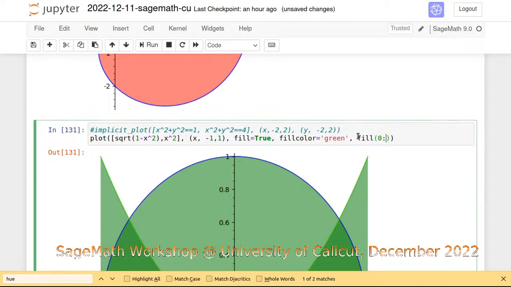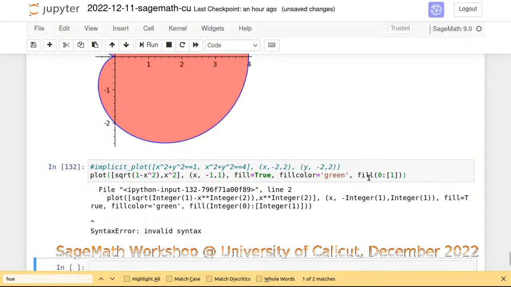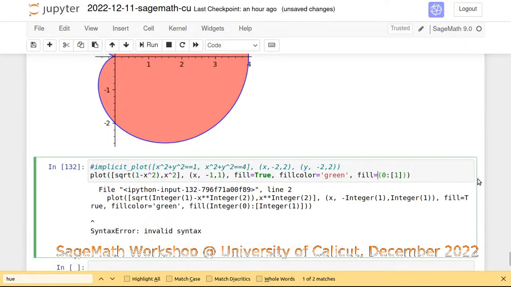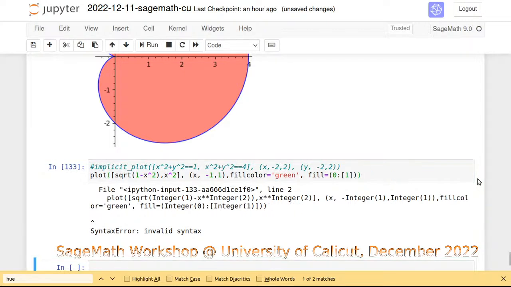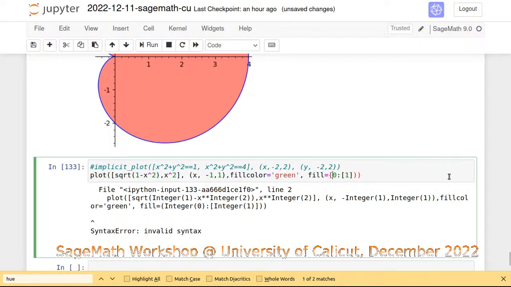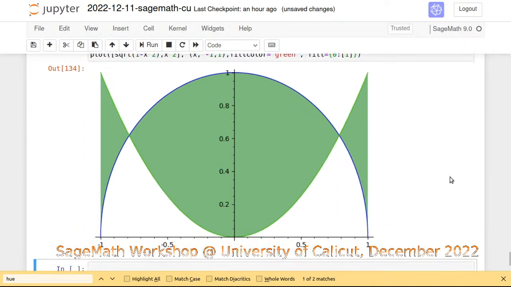First filling 0 to 1. What happens after this? Fill equal to, I have already given, so fill equal to true. Instead of that, I am slightly modifying it. Fill from, okay, I should keep it as a dictionary, not as this. What is happening now exactly? Let's see.